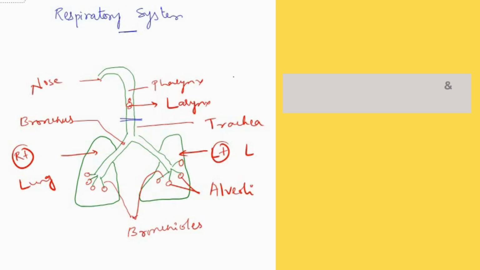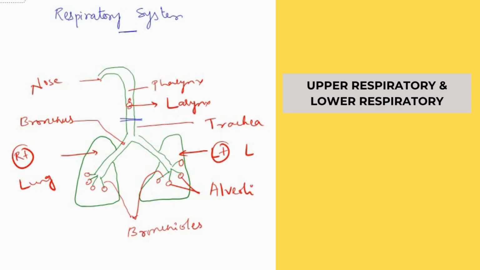It is divided into upper respiratory system and lower respiratory system. Nose, pharynx and larynx come under the upper respiratory system. Then the other parts, trachea, bronchus, bronchioles, alveoli and lungs, come under the lower respiratory system. This is brief about anatomy of respiratory system.